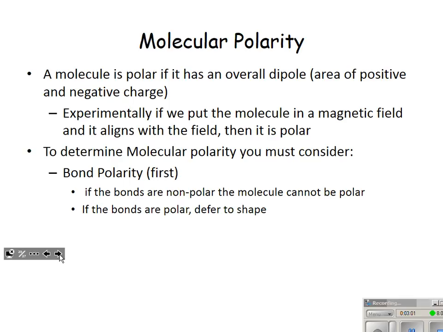If the central atom is a ring that has strings tied to it, and the ligands are the teams that are pulling on the rope that's tied to the string, if those are equal and opposite forces, they're going to cancel each other out, and there's no movement on that tug of war. So no one wins that tug of war. However, if there's one team that is stronger than the other, then someone's going to win the tug of war.